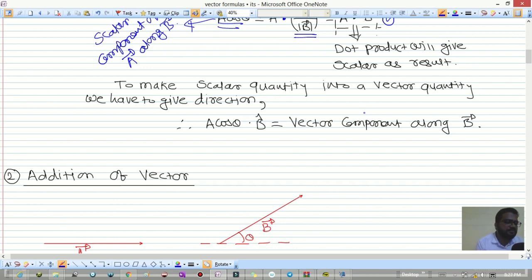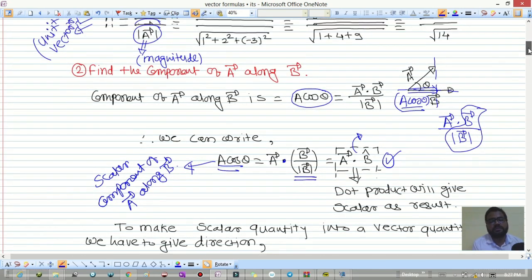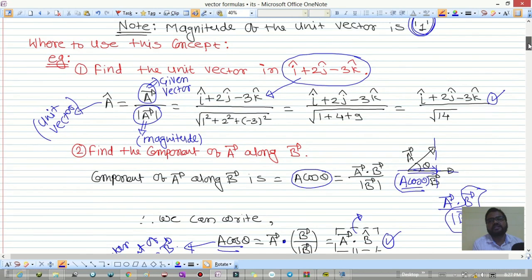So always remember this. This is the formula that you need to remember. And what is a unit vector? The unit vector is the given vector divided by the magnitude of the vector. So I hope this is clear to you all: scalar component, vector component, and the unit vector.